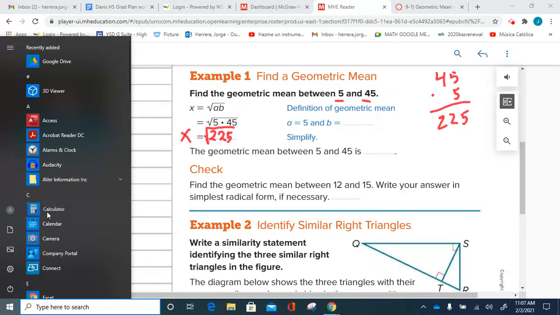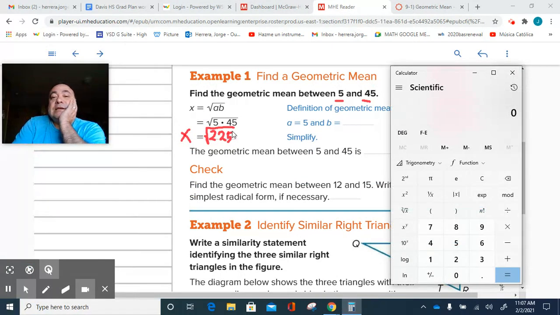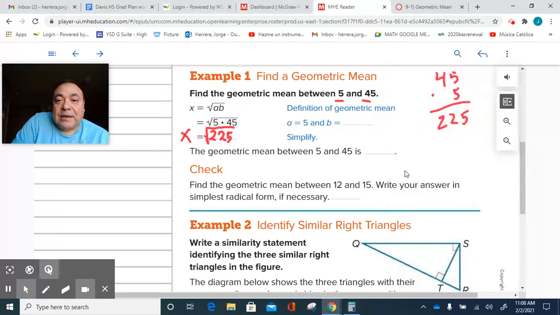Yes, it's a basic calculator. We'll do this to find the square roots, guys. I got the square root of 225. Oh, it's backwards. Okay, I've got to do 225, and then take the square root. And that will be 15. Sorry about that. So this would be 15 right there.